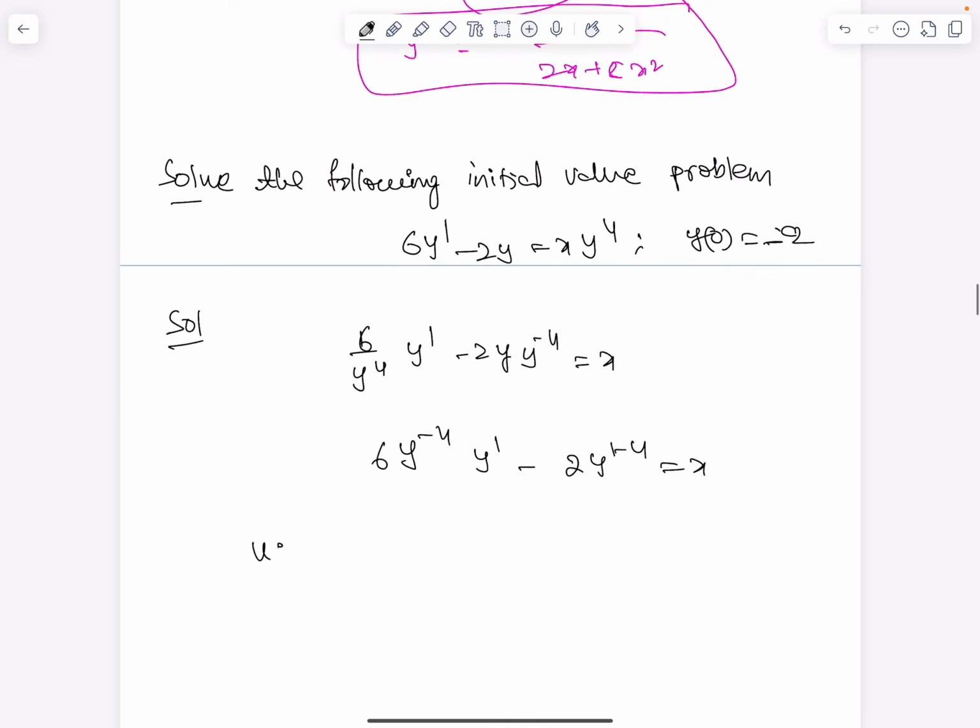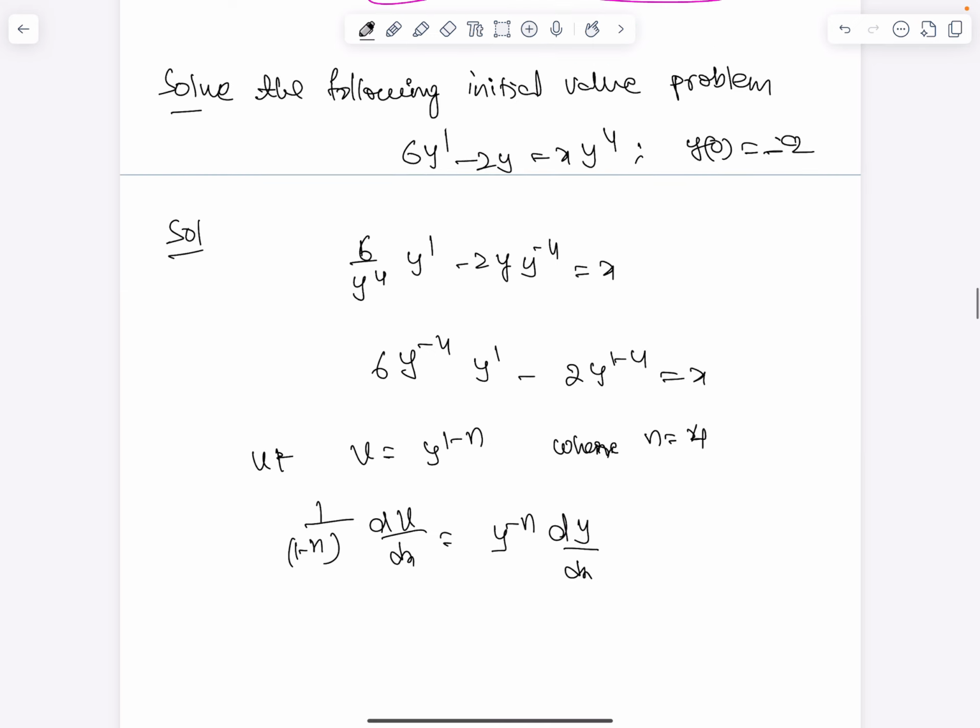We are assuming let v is equal to y power 1 minus n, where n is equal to 4 here. Therefore, 1 by (1 minus n) dv by dx is the replacement for y power minus n dy by dx.